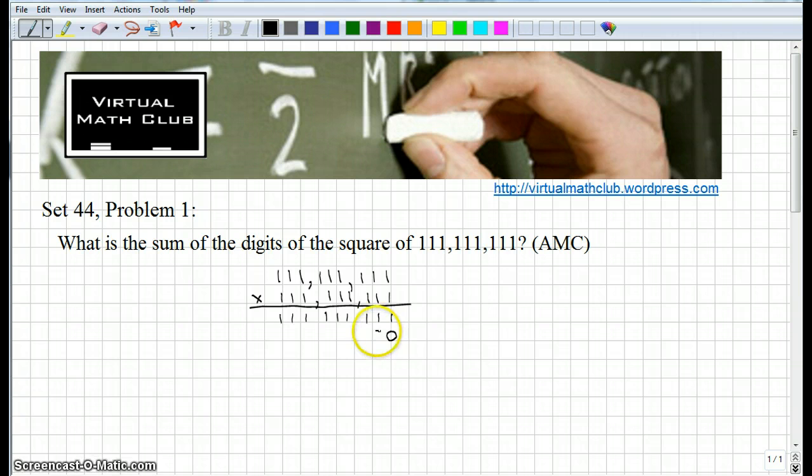So 1, 1, 1. I'm going to try to keep my numbers lined up. 1, 1, 1, 1, 1, 1. Okay? So that's 10 times that. And then we would take 100 times that, right?